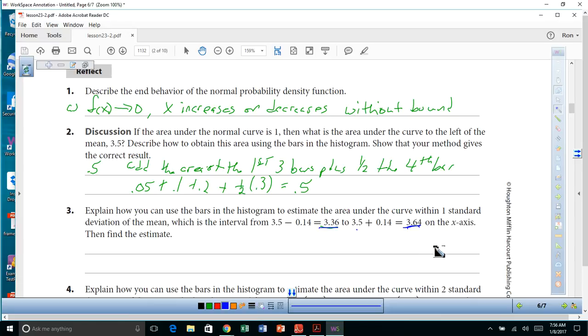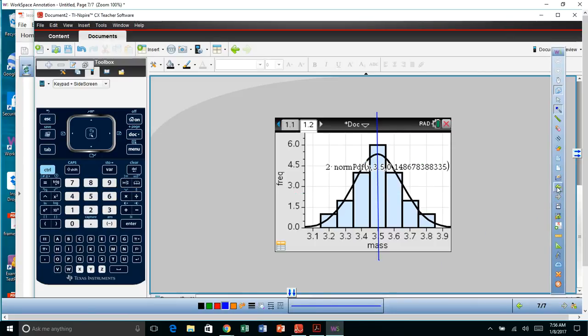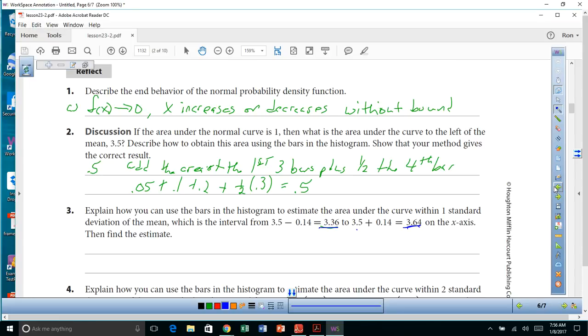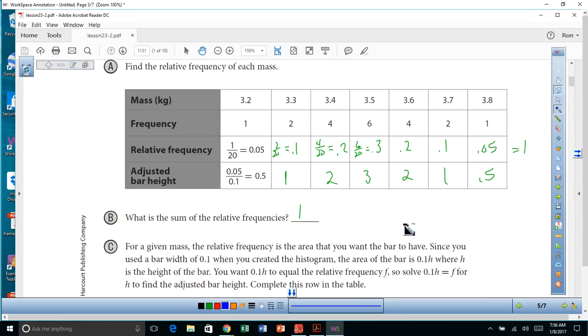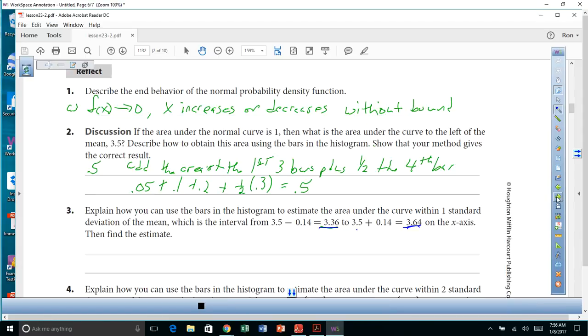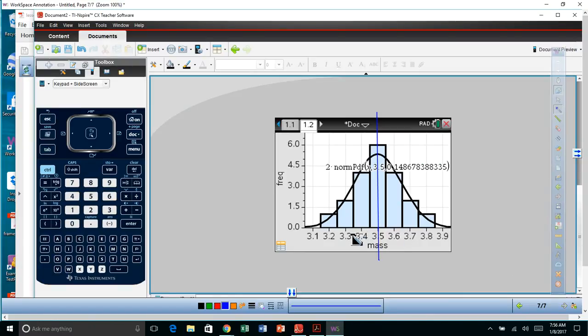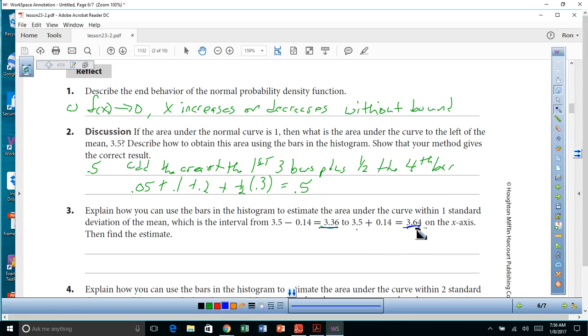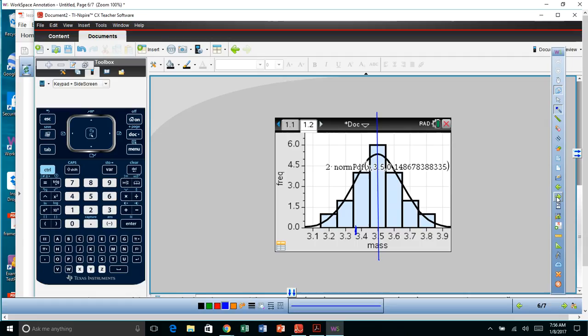Then find the estimate. So let's go back and let's see. So we're looking from 3.36 to 3.64. So that's going to be like maybe right there to 3.64. That's going to be right there.